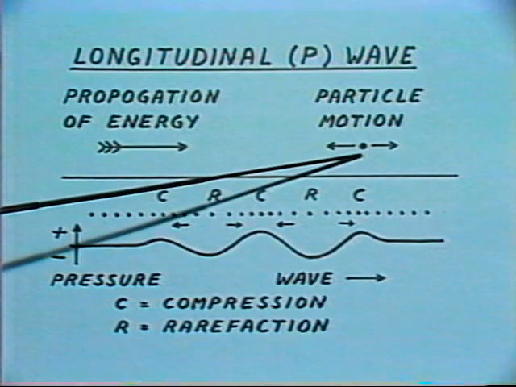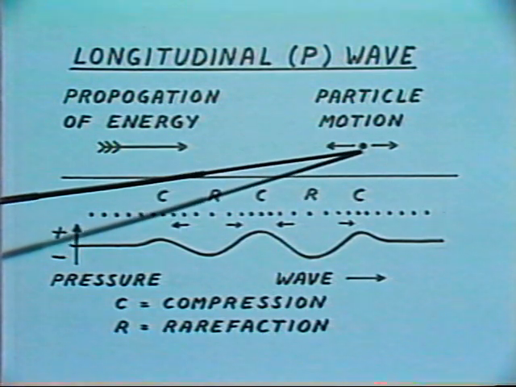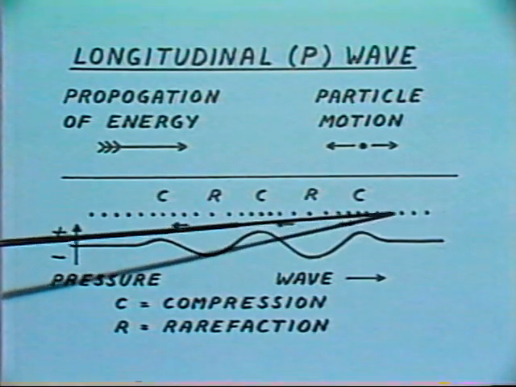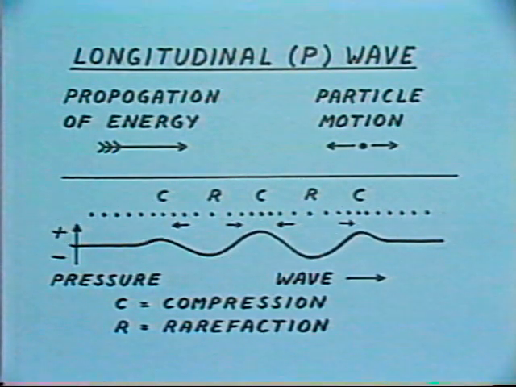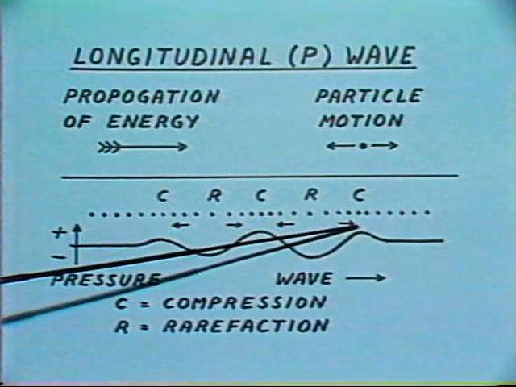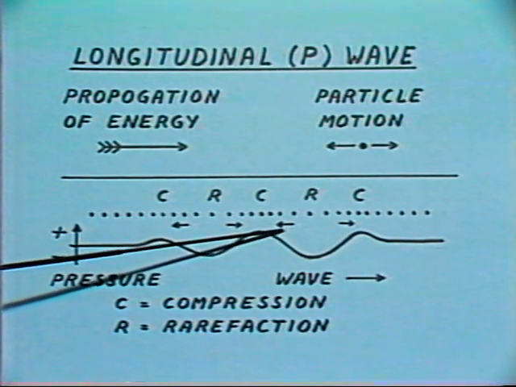It's actually, for any one particular particle, a vibration backwards and forwards about a sort of rest or central position. So if we imagine a series of particles then along a line through the Earth in the direction of travel of this wave, at any particular instant in time as the wave is traveling along, some of those particles will have moved maybe a little bit in one direction and others will have moved in an opposite direction.